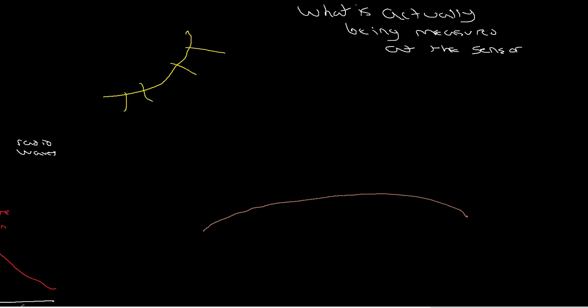Right, so let's imagine if instead of just the leaf, we're going to draw the leaf again, but we're going to have our sensor. Right, this is our satellite over here. So we have our sensor. We have the sun.